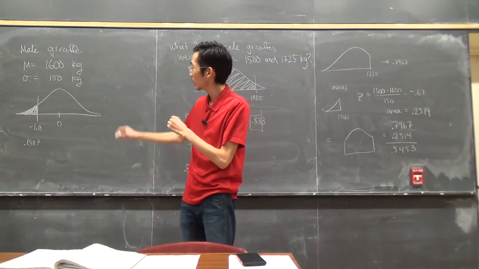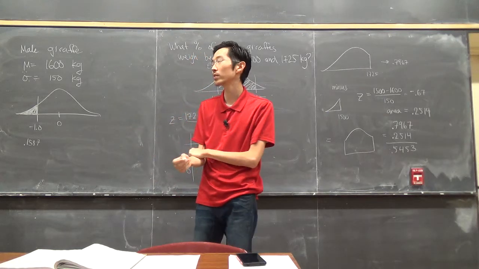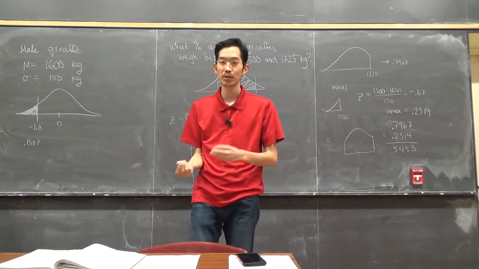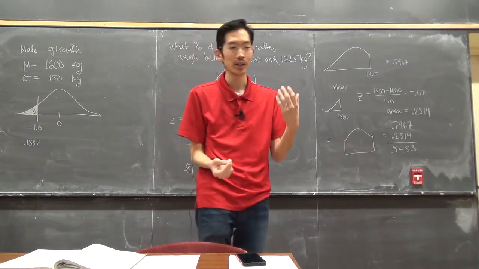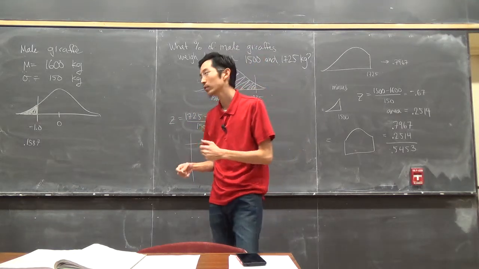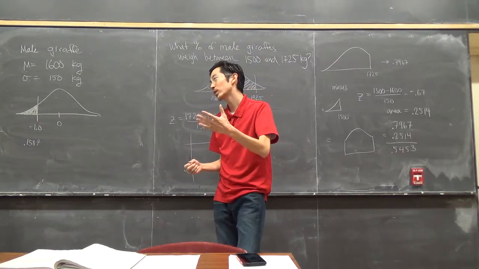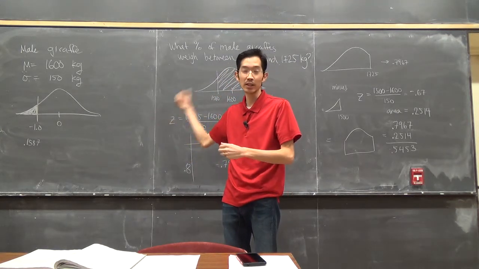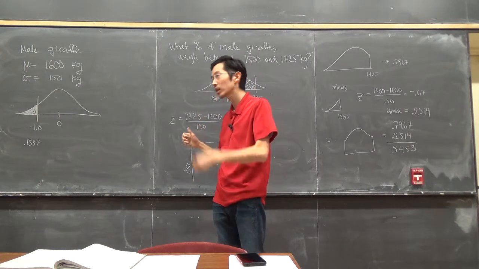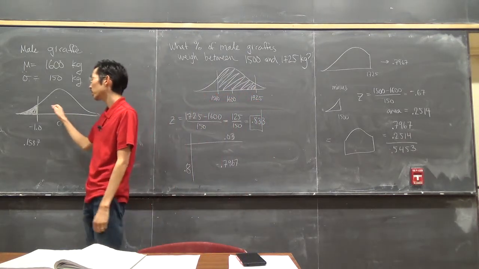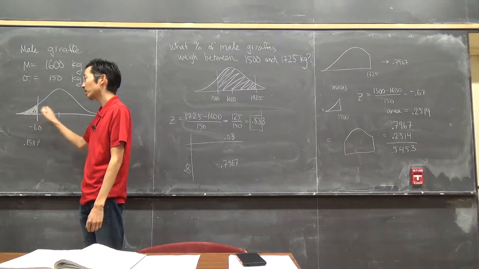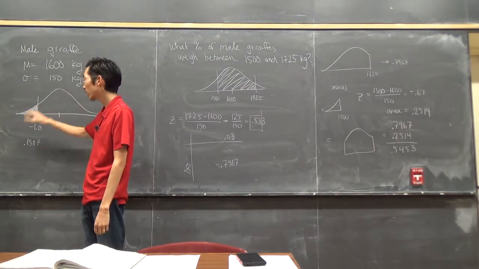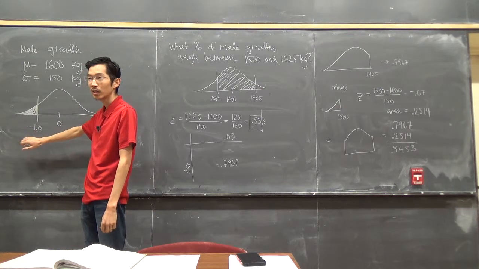So if the problem asks what percentage of giraffes are heavier than some amount, or taller, or bigger, or greater than, whenever your question asks is more than, any of those types of words, it's probably asking for the area to the right. In that case, you would still look up your number in the table. The table always gives you the area to the left, and if you want the area to the right, you subtract that number from 1.